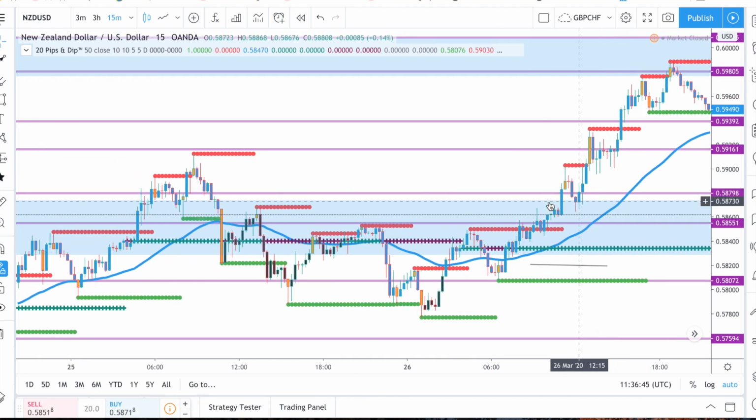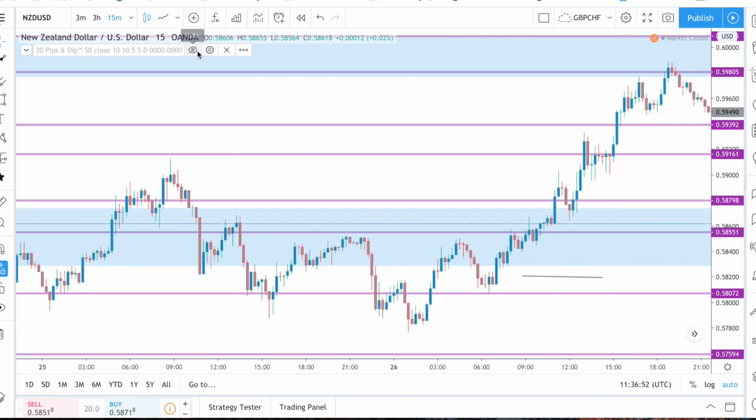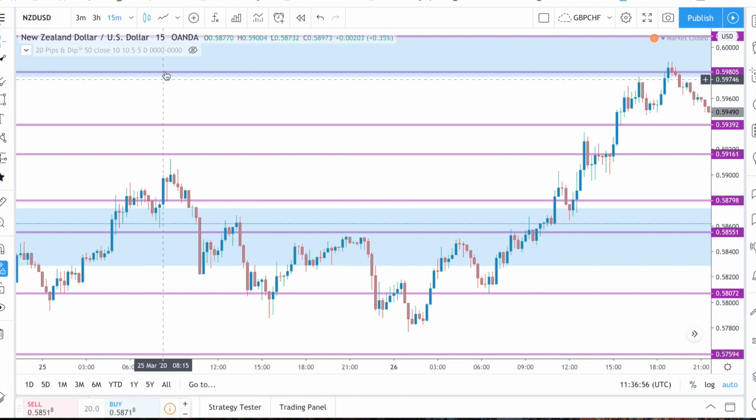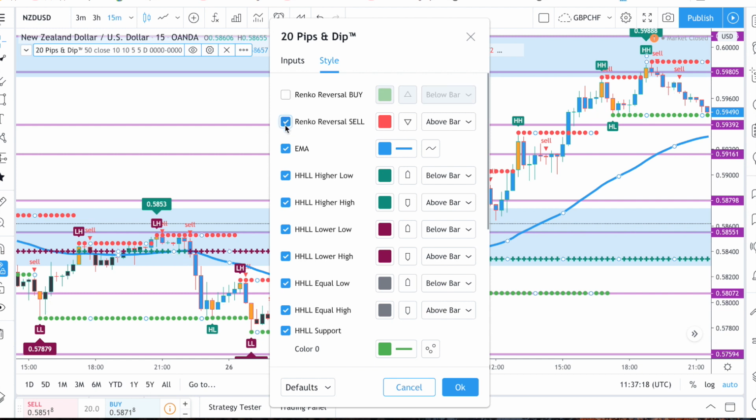But once you have your 20 pip and dip indicator, make sure that you guys literally mark up your charts beforehand so you can just attach it. So like I said, if at any point you don't want any of these features to be on your pip and dip indicator, all you have to do is literally go back into your settings and unclick them, right?